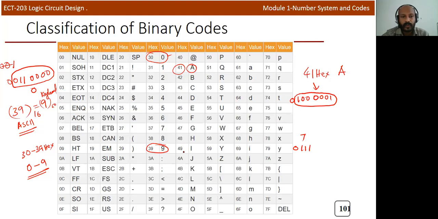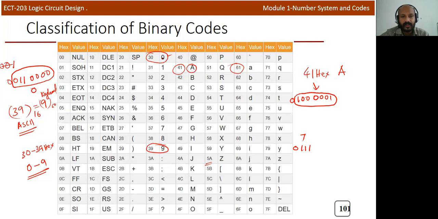The capital letters are represented from 41 to 5A, which is 26 characters. We start from 41 onwards, and the small letters start from 61 hex onwards. So you can remember these three cases.